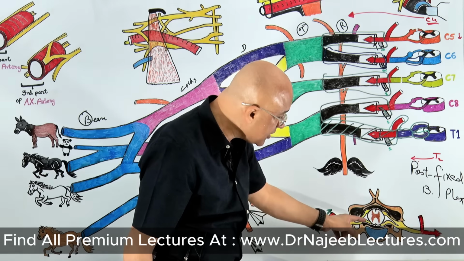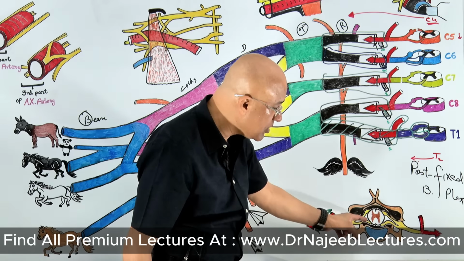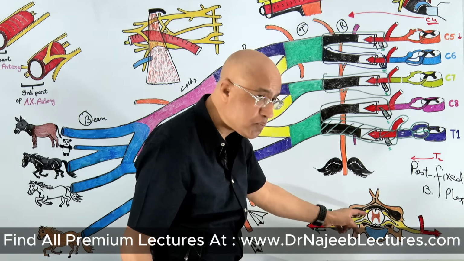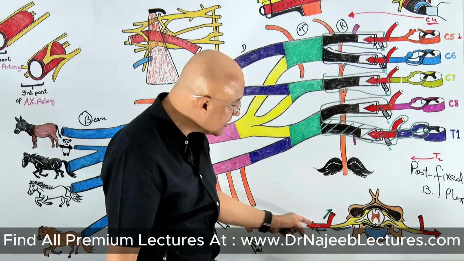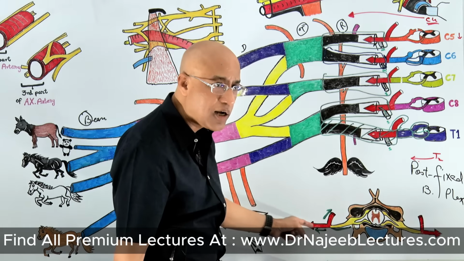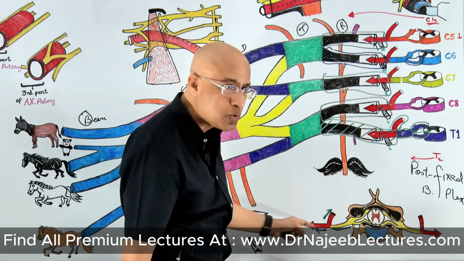So what are these roots? Spinal cord roots. They are before the, what is this? Intervertebral foramina. And after that, what is there? Typical spinal nerve. And after that, if it is C5, 6, 7, 8 or T1, then this ventral ramus will be called the root of the brachial plexus.